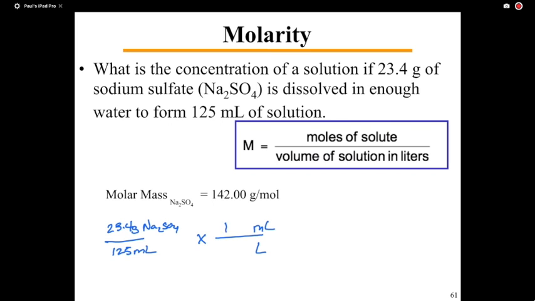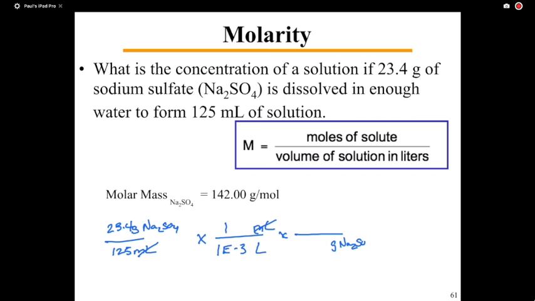If I have 1 milliliter, it's 1 e to the what? -3. Oh my goodness, that's like way back to chapter 1. I now have grams per liter. That is a concentration, but it's not the concentration I'm looking for. I'm looking for molarity. So how do I change grams to moles? I use the molar mass. And lo and behold, we gave that to you.